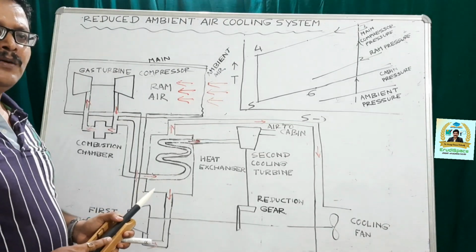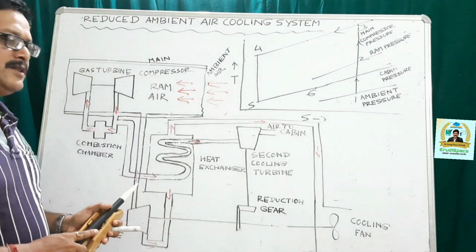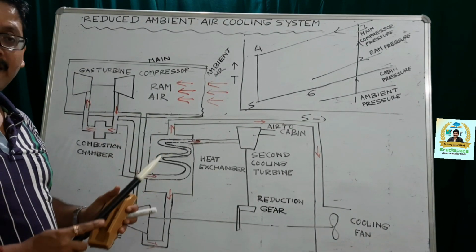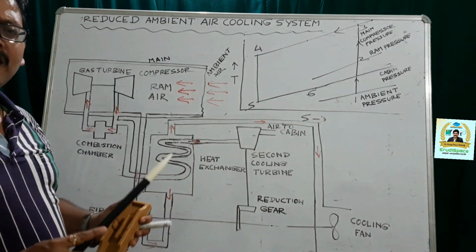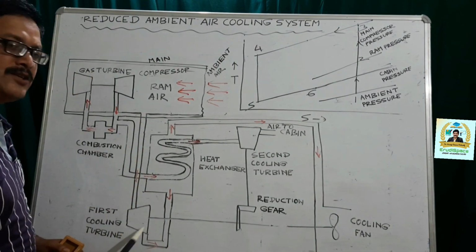But particularly when it comes to high-speed aircraft, the temperature of the ram air is also very high. To provide effective cooling, it is made to pass through the first cooling turbine.